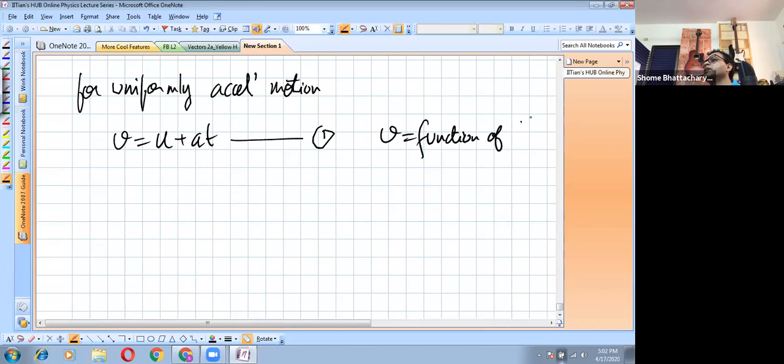Because u and a are constants, remember. u is the initial velocity, so it's just a value, and a is a constant. It's the velocity which is changing with time. So it's velocity as a function of time, and it's a straight line graph.